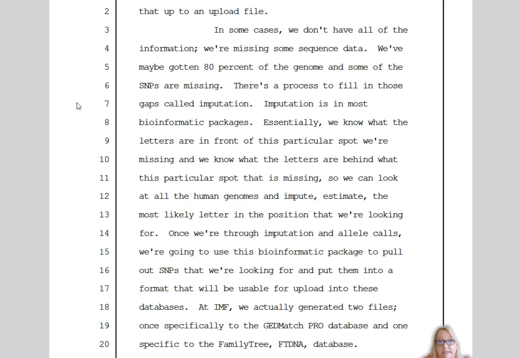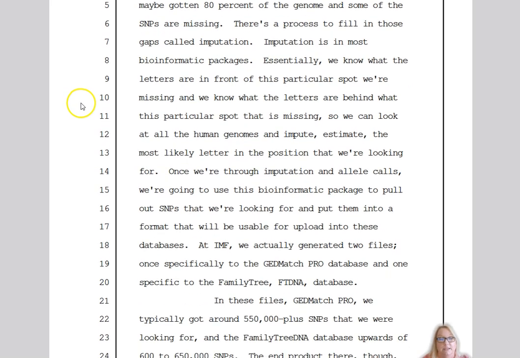So he says here, there's a process to fill those gaps called imputation. Imputation is in most bioinformatic packages. Essentially, just like our G, we know what the letters are in front of this particular spot we're missing, and we know what the letters are behind it.